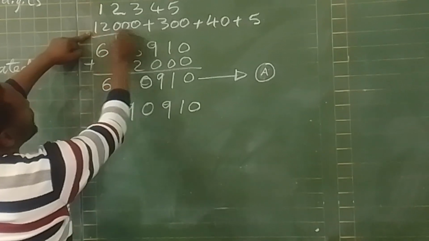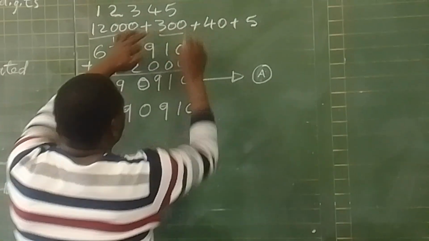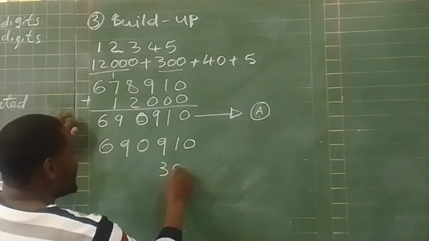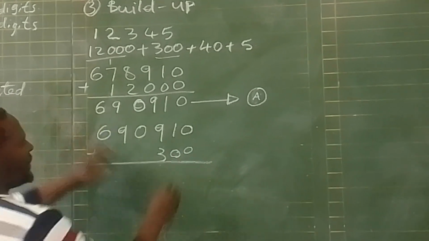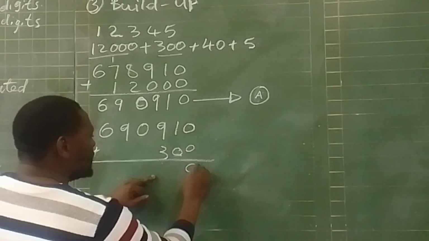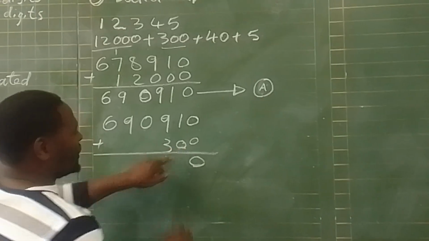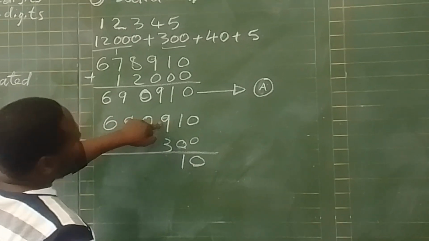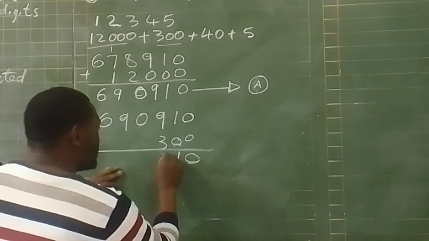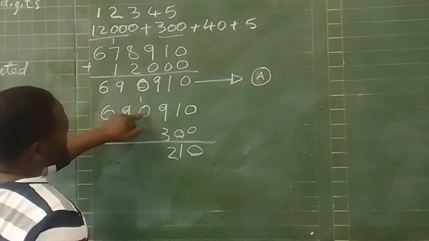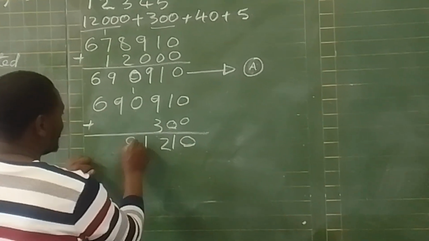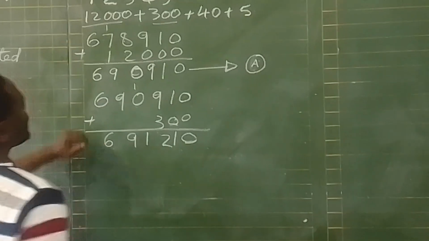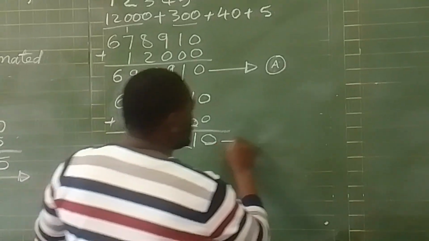You have added 12, now you add 300. You add 0 and 0 is 0. 1 plus 0 is 1. 9 plus 3 is 12. Carry 1. 1 plus 0 is 1. Then 9 and 6. You are done with this one.